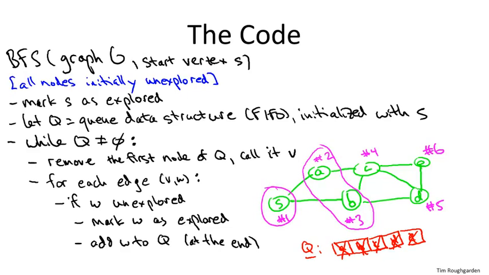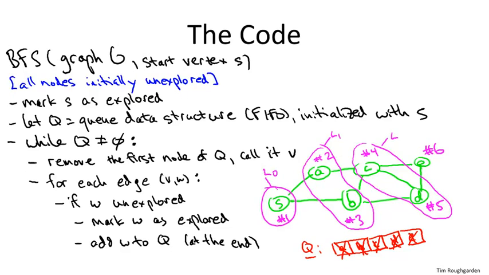And the nodes of layer 2 are precisely the ones that got added to the queue while we were processing the nodes from layer 1. That is, C and D are precisely the nodes that got added to the queue while we were processing A and B. So this is level 0, level 1, and level 2.